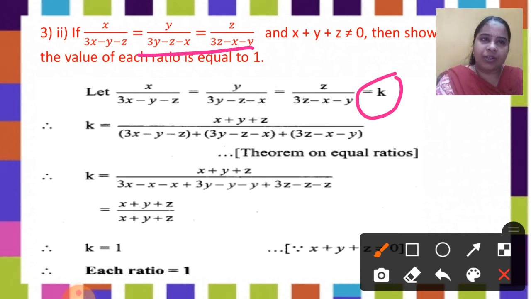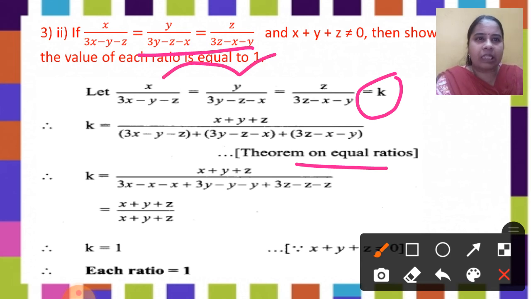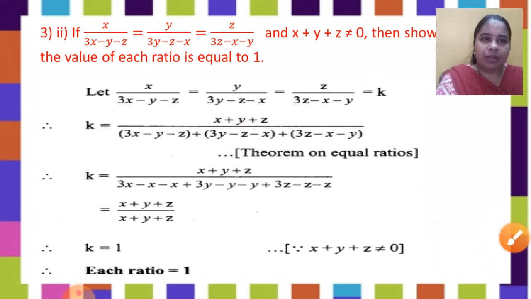Once you have equated it to K, you use the theorem of equal ratio, wherein you will add the numerators and add the denominators together. This is what is done in this step. Then what?